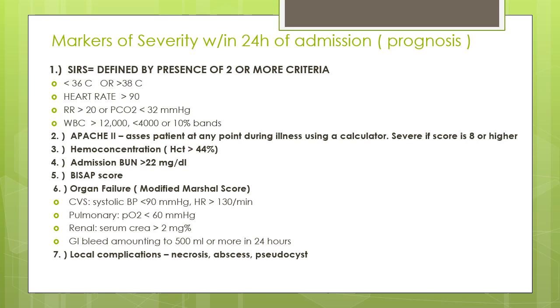Several scoring systems have been proposed to predict severity: presence of systemic inflammatory response syndrome or SIRS, APACHE scoring, hematocrit level, the BUN, the BISAP score, the presence of organ failure, and complications are markers utilized to predict a more severe condition.